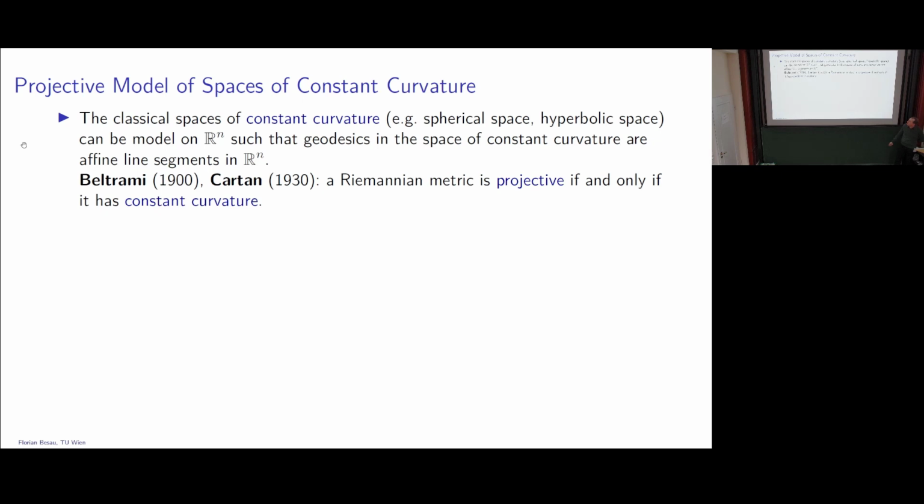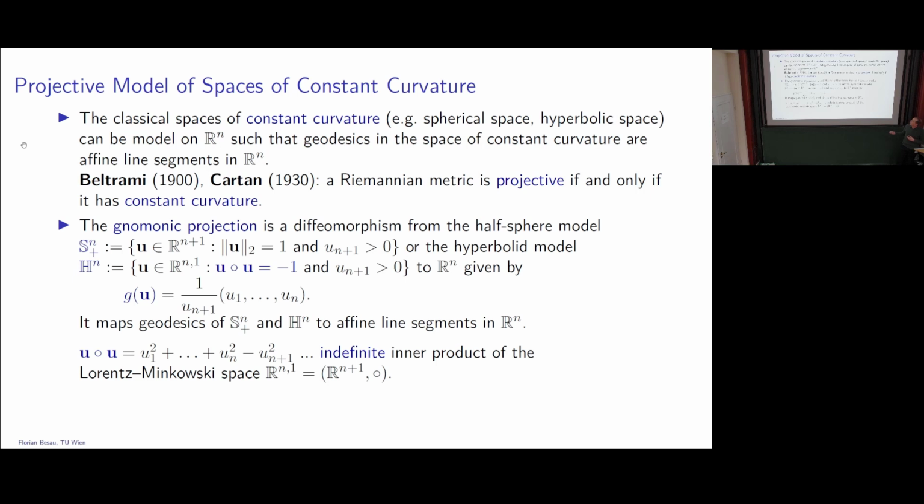Okay, so to recall some basic facts. The classical spaces of constant curvature, hyperbolic space and spherical space, admit so-called projective models. What this means is that you can model them over Euclidean space in such a way that the Riemannian metric is chosen so that the geodesics of your space turn out to be affine line segments.